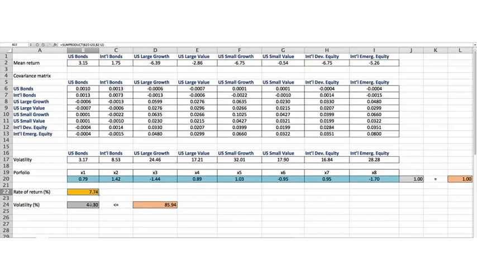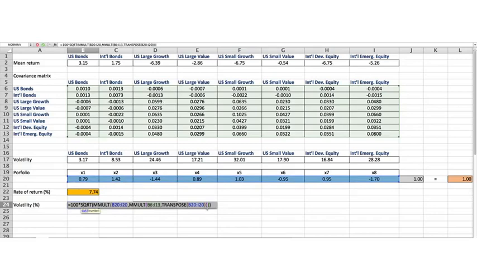How do you compute the variance of the portfolio? It's going to be sigma ij, which is the covariance of asset i with asset j, times xi times xj, summed over i and j going from 1 through 8. Take the square root of that and multiply it by 100. Now, a mathematically concise way of doing this, and we'll see this later on in the modules, is to take this vector x, take its transpose, multiply it by the covariance matrix, and then multiply with the same quantity again. So I'm taking this vector, taking its transpose, multiplying it by the variance-covariance matrix.